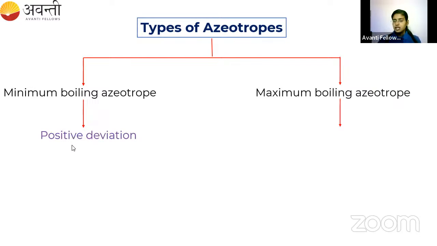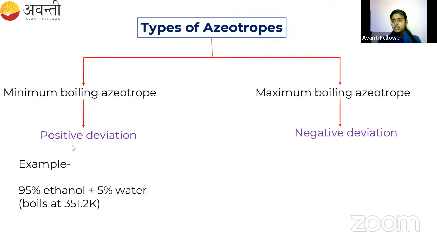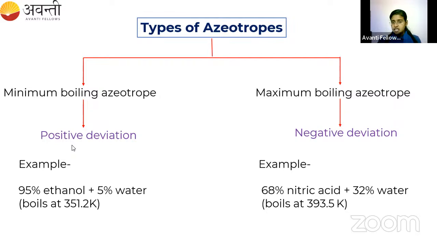And the one which shows negative deviation will fall under maximum boiling azeotrope. So what are the examples of minimum boiling and maximum boiling? The examples are again very important. For minimum boiling azeotrope, which shows positive deviation, the example is 95% ethanol and 5% water. And coming to maximum boiling, it is 68% nitric acid with 32% water.